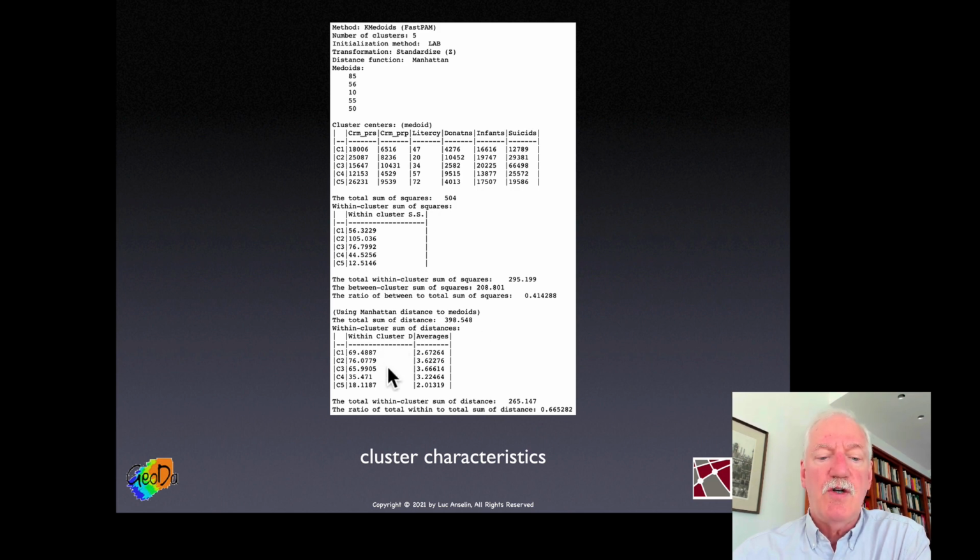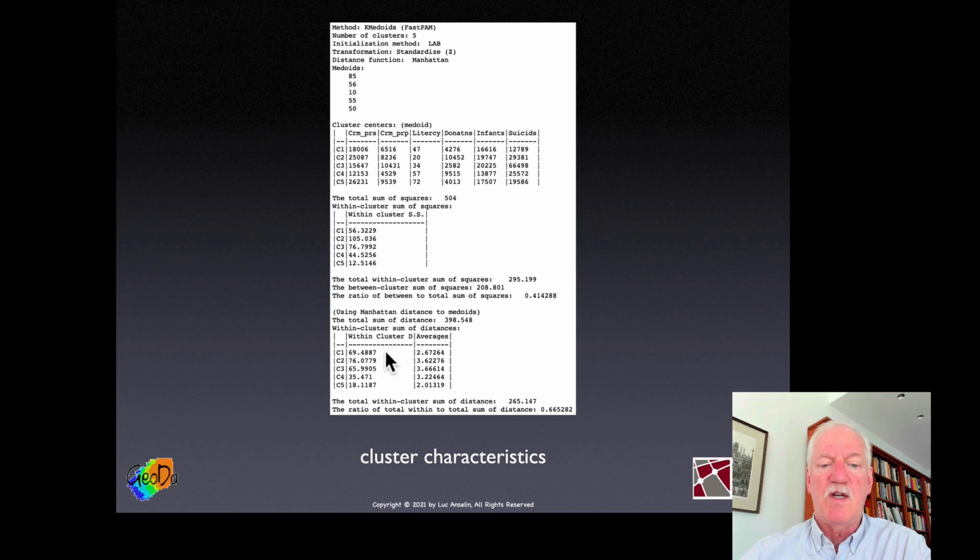Within each cluster, the sum of these distances is the objective function in the K-medoid approach. So, in a sense, these sums of squares are useful as a summary of the characteristics of the cluster, but they're not useful in terms of the objective function.